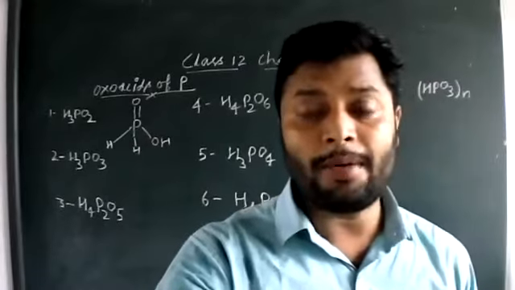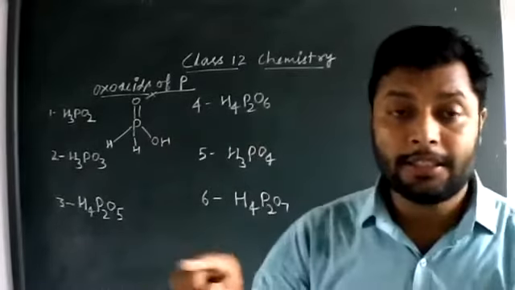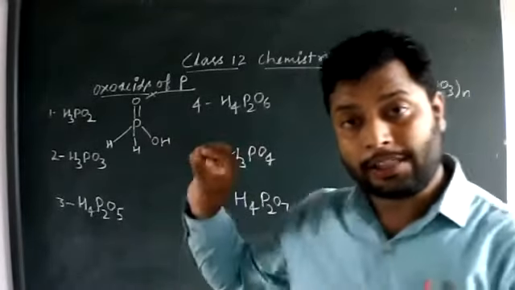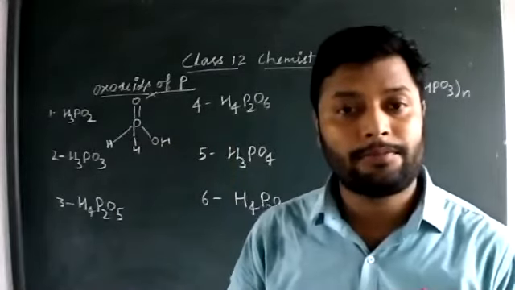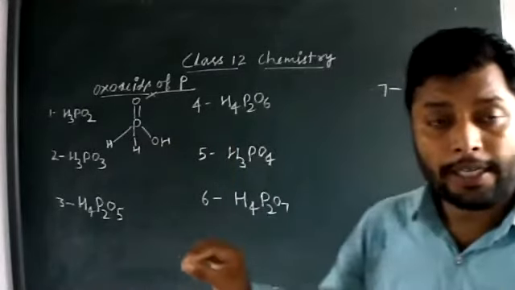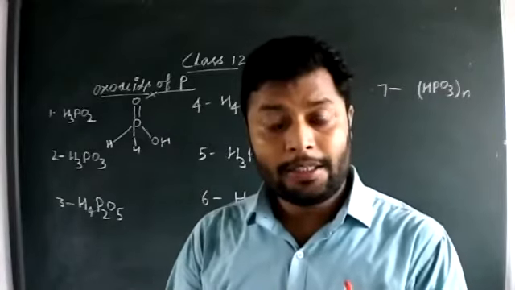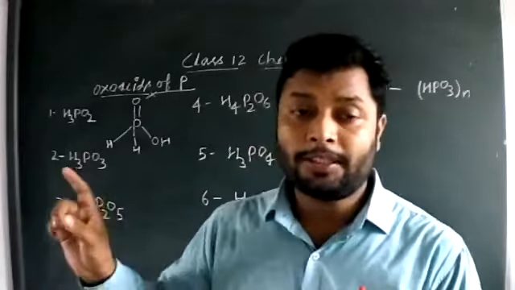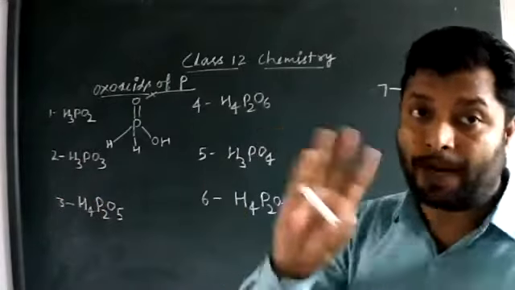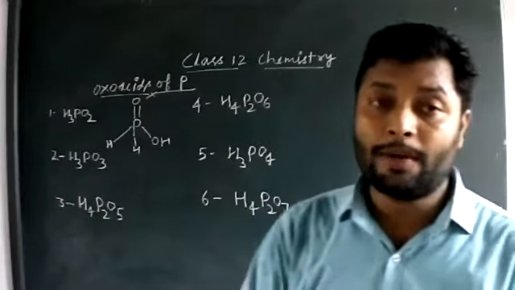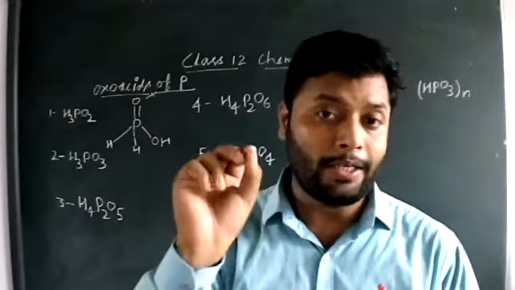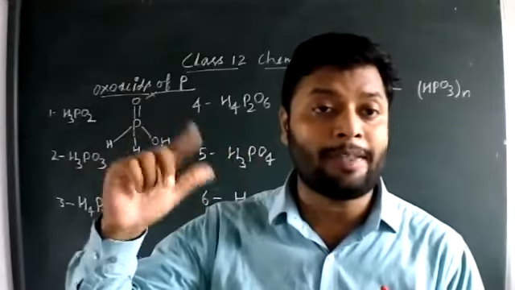Another thing which is common in all the structures is that all the structures are tetrahedral. Even though phosphorus makes at least 5 bonds, the structures will always be tetrahedral because of the phosphorus double bond with oxygen.